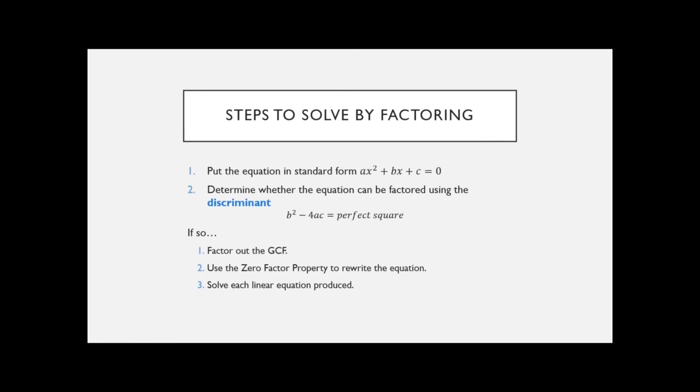So they are basically the coefficients and then the constant term. So you identify what those numbers are, and then you plug them into this equation. That's called the discriminant, b squared minus 4ac. You follow your order of operations, and if your final number that you get is a perfect square, and a perfect square, let me just make a list of those.